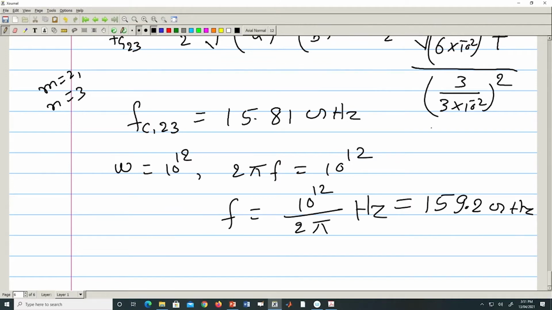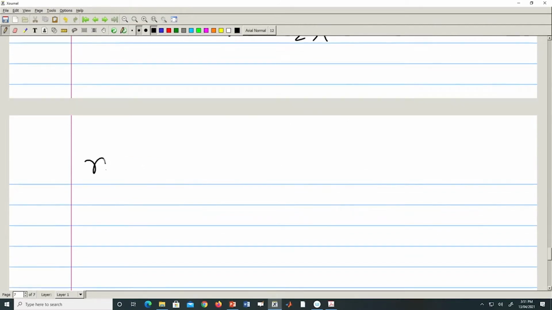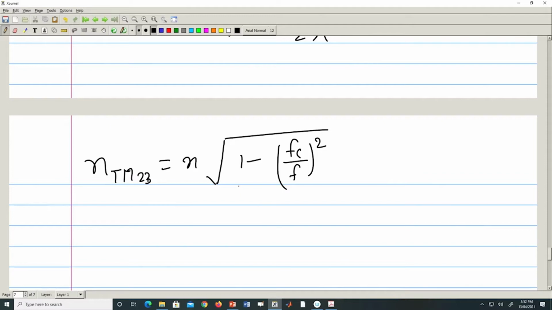So, for this we can calculate the eta. Eta for TM23 is equal to eta times the square root of 1 minus (Fc upon F) whole square, equal to 377 times the square root of 1 minus (Fc divided by the operating frequency) whole square.